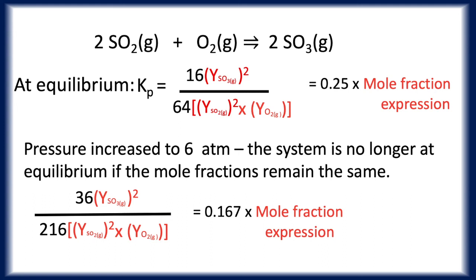And so comparing those two together, at equilibrium it's 0.25 times the mole fraction expression, but at 6 atmospheres, it becomes 0.167 times the mole fraction expression. And that can't be, it must remain to be 0.25, and therefore we need to start shifting some moles about.